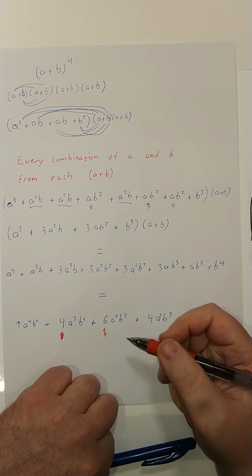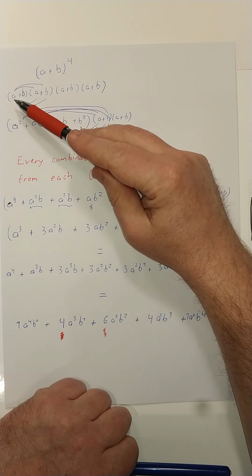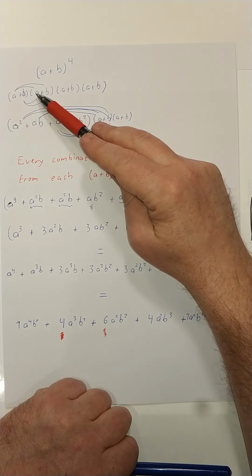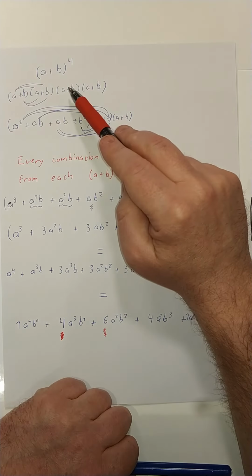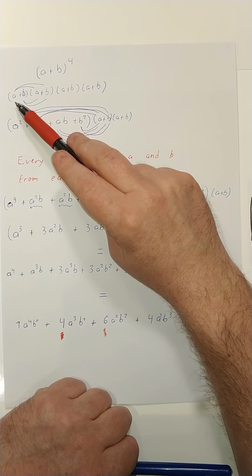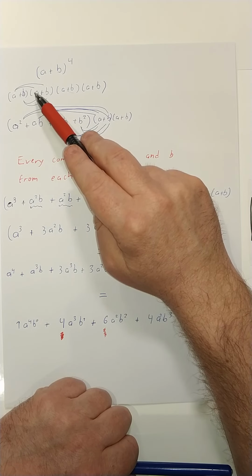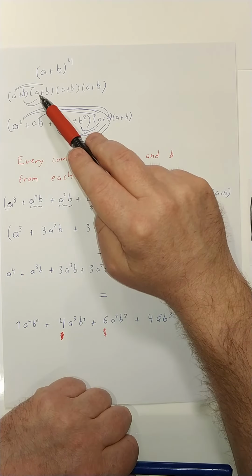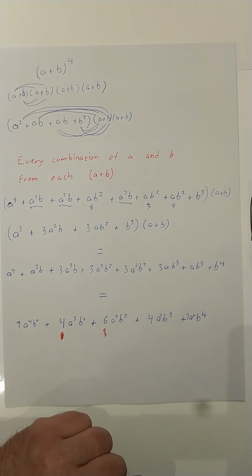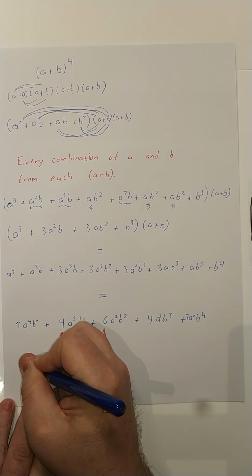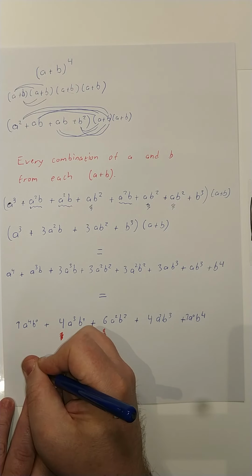2 a's and 2 b's, and that can be done in more ways, and it's a bit tricky to keep track of all of them. Let's write them down, it'll be clearer. So we have a string of 4 letters, a or b, and we need them to be 2 a's and 2 b's.